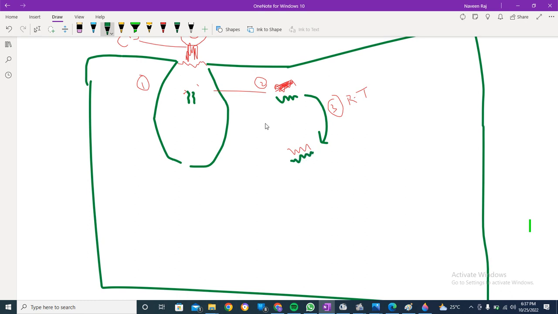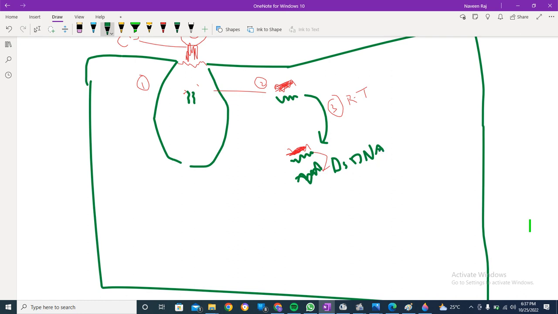Then the RNA strand will vanish and disintegrate, and this will convert into double-stranded DNA.